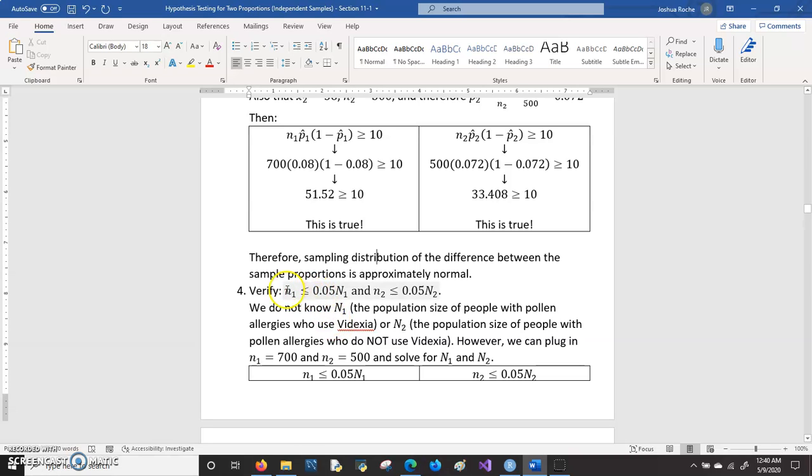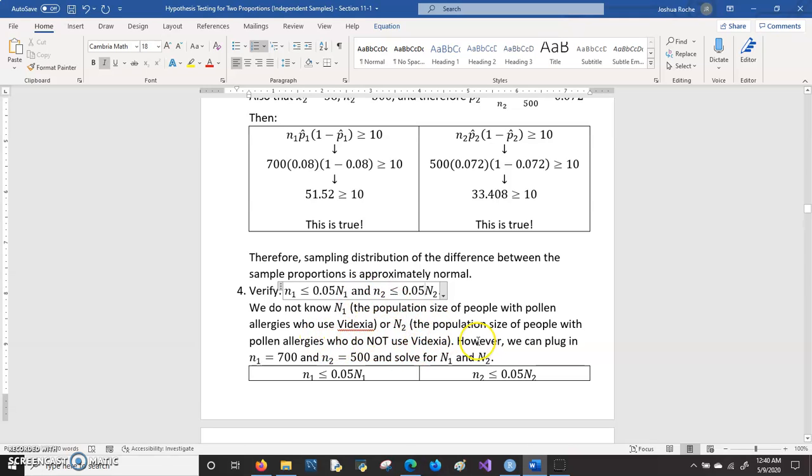This last condition, verify that both of these inequalities are true. And here we don't know what N1 is or N2 is. Capital N1 is the population size of people with pollen allergies who use Videxia, and then N2 is the population size of people with allergies who do not use Videxia.